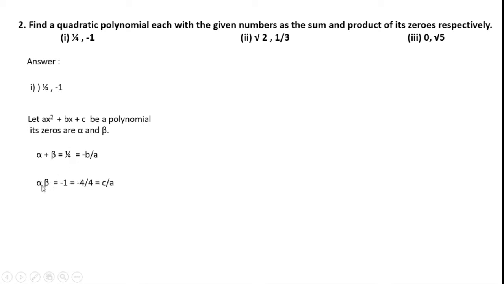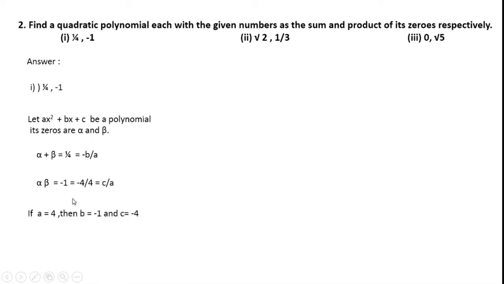The next one is alpha beta, the product, equal to minus 1. See, the second one is the product. Product is minus 1. This we can write as c by a. So minus 1 we can write as minus 4 by 4. Here a is 4, so here also 4. So we can write minus 4 by 4.